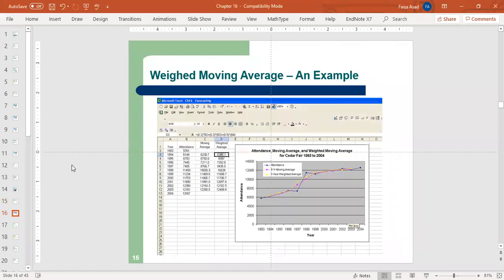In the next slide, the data is plotted into this chart. This pink line is showing the 3-year moving average, this yellow line is showing the 3-year weighted moving average, and the blue line is showing the variable named attendance.